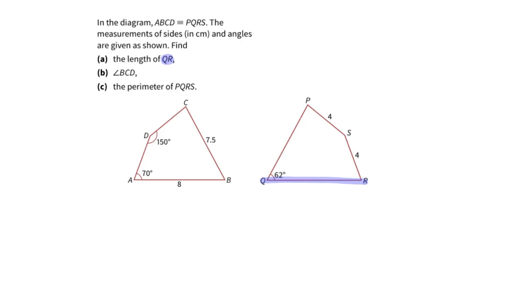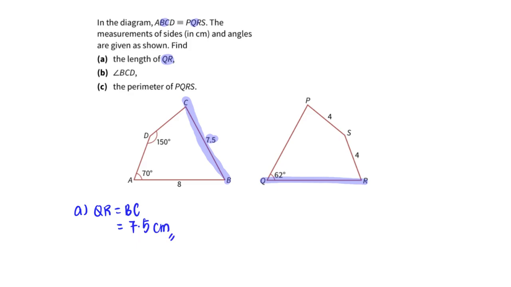If I go back to the question here, Q and R is with B and C. B, C. So for part A, QR is equals to BC, in this case 7.5 cm.